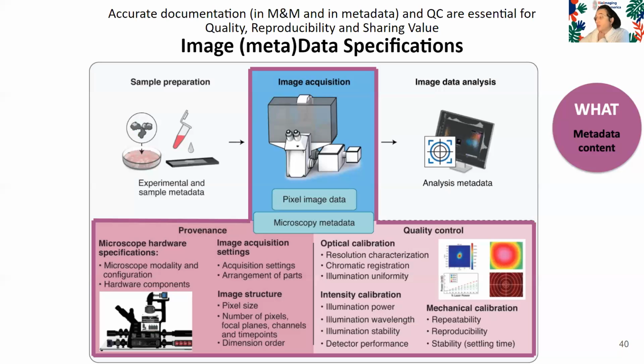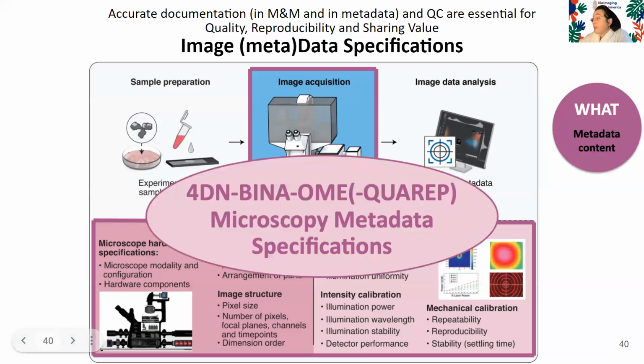And the quality control is everything that has to do with assessing the quality of the image and of the instrument. So this specification really defines what kind of metadata has to be captured to ensure the reproducibility, the quality, and the sharing value for image data.